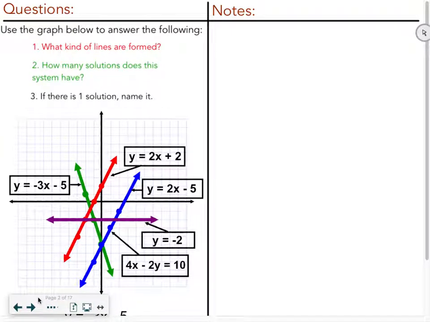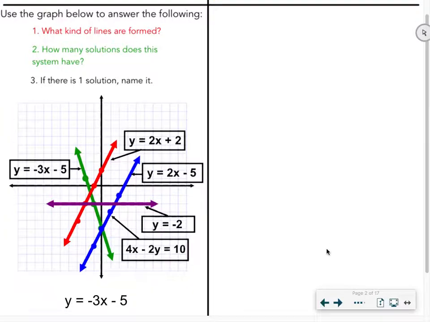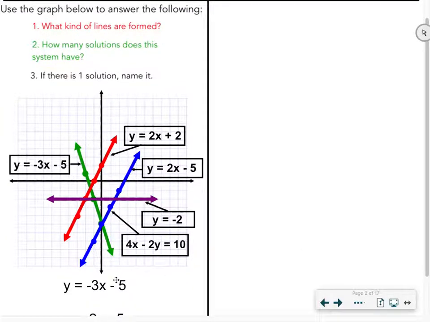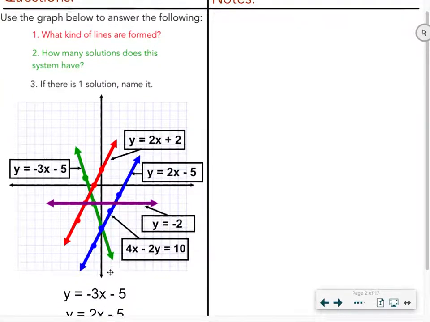All right, first example. You are going to look at what kind of lines are formed in this system, and talk about how many solutions there are.